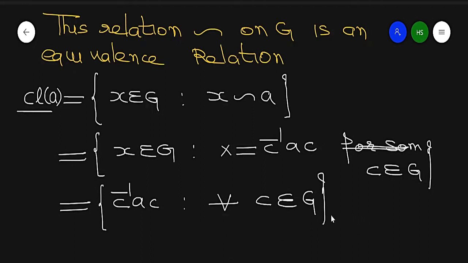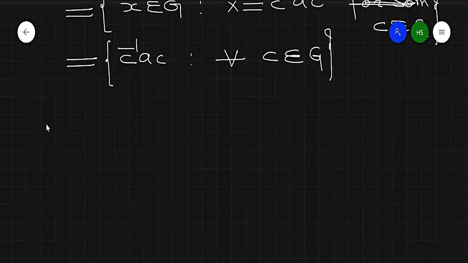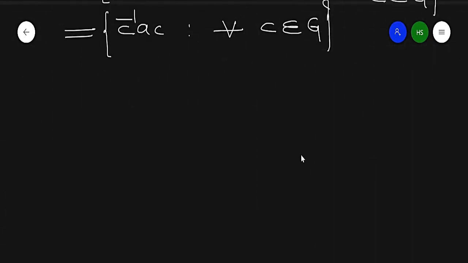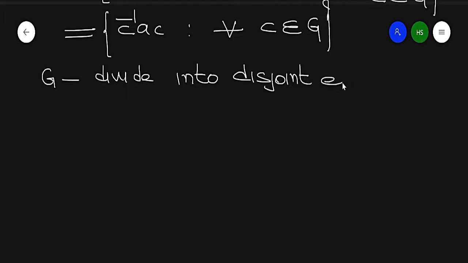Now because this is an equivalence class on a group G, we can divide G into disjoint equivalence classes.